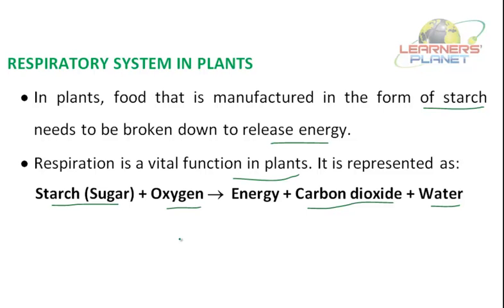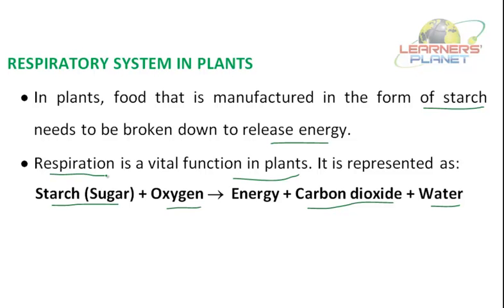So basically, plants use carbon dioxide in the process of photosynthesis, and then they release oxygen gas as a waste product of photosynthesis. But respiration is the opposite of that. Here, the equation we are looking at is actually the process of respiration.